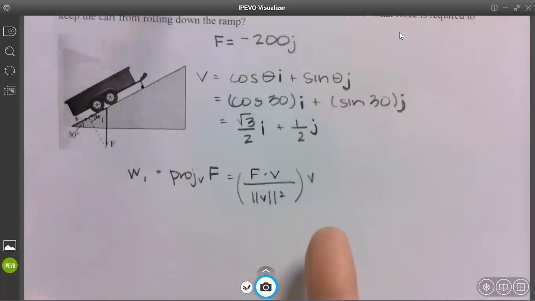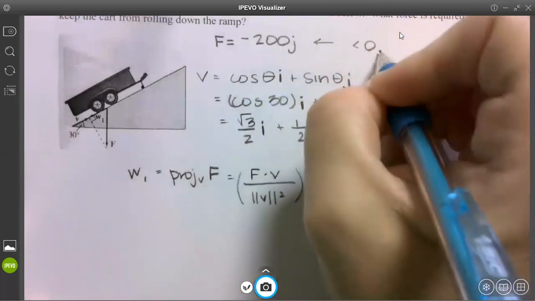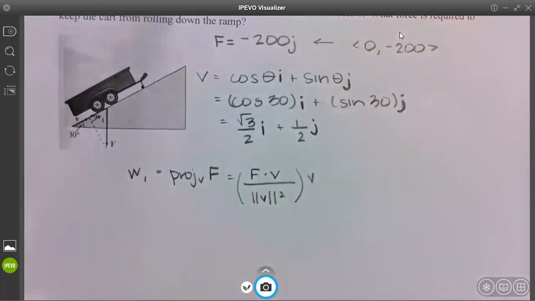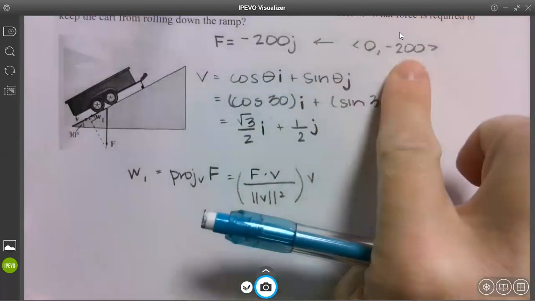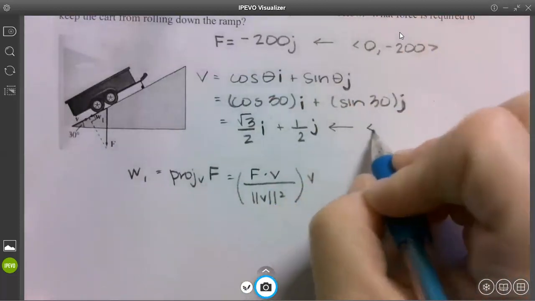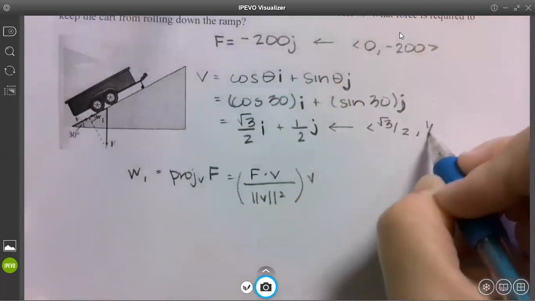So your F, if you go back up here, it did not have an X coordinate, but it had a Y coordinate of negative 200. So when we do F times V, we're going to use this vector. And then your X coordinate here is square root of 3 over 2 and 1/2.